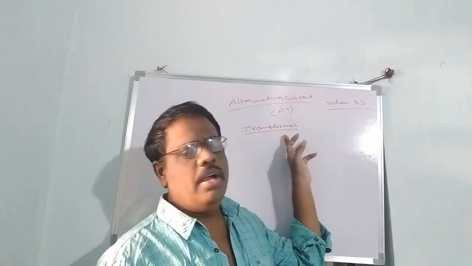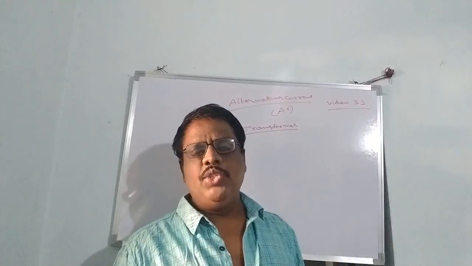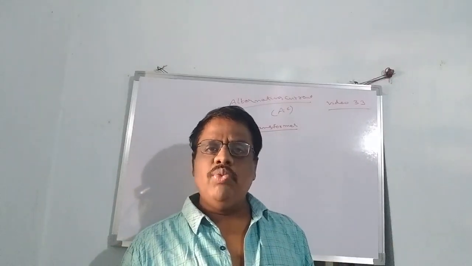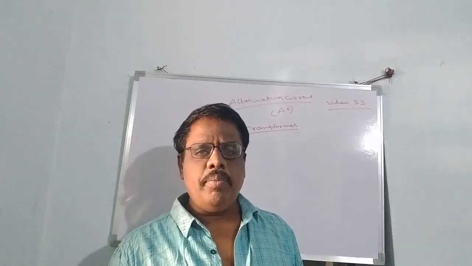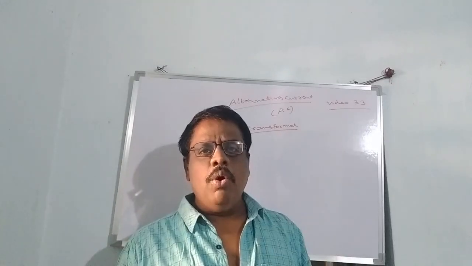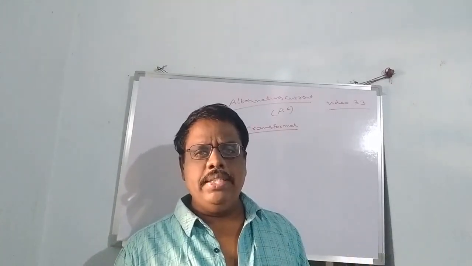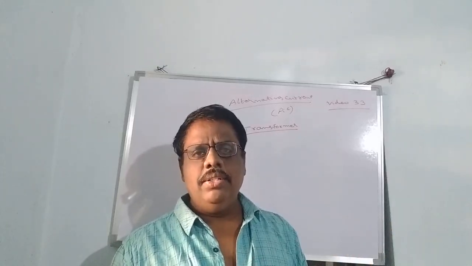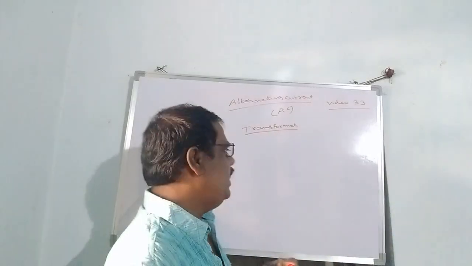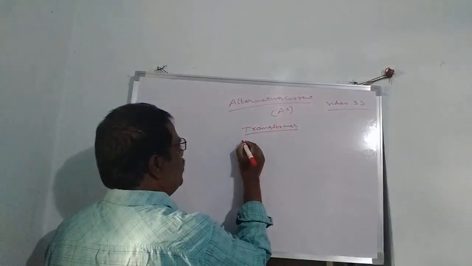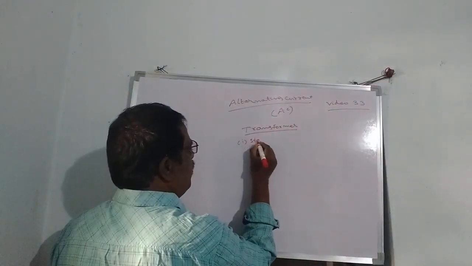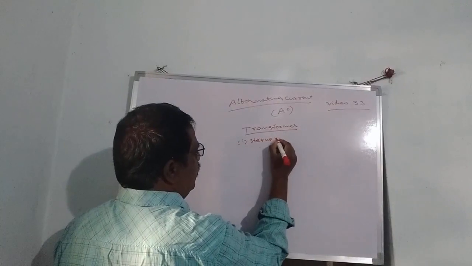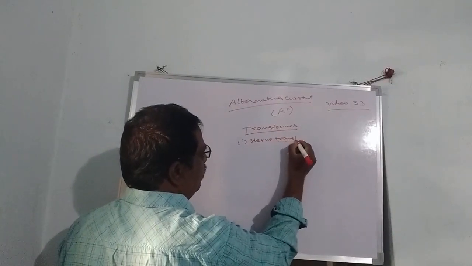So the first one, how can we define a transformer? Generally, a transformer is a device which can convert alternating current of low voltage into high voltage, or high alternating current of low voltage, vice versa. So there are two types of transformer. The first one is the step up transformer.